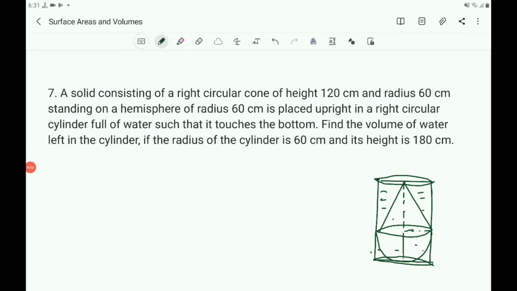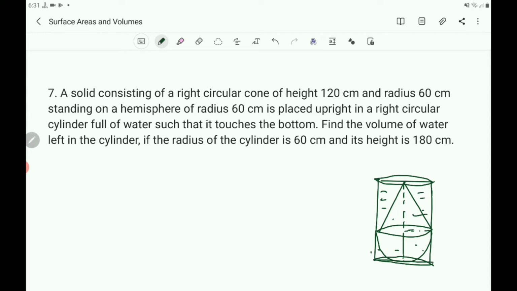Here you know that if the cylinder is completely filled with water, when the solid is immersed in the water, the volume of water that comes out is equal to the volume of the solid immersed in the liquid.